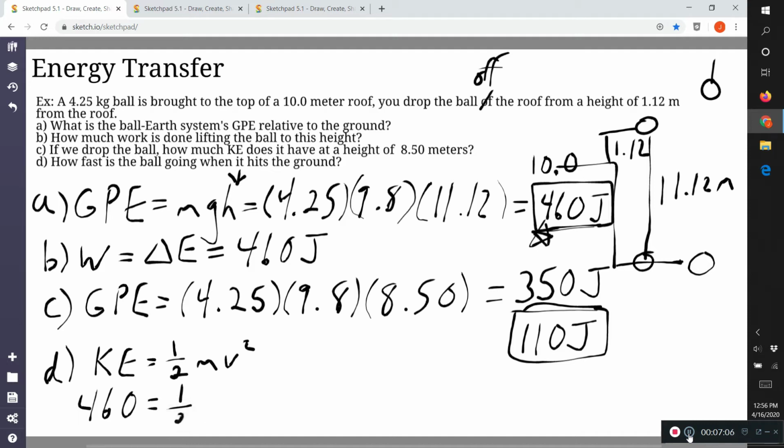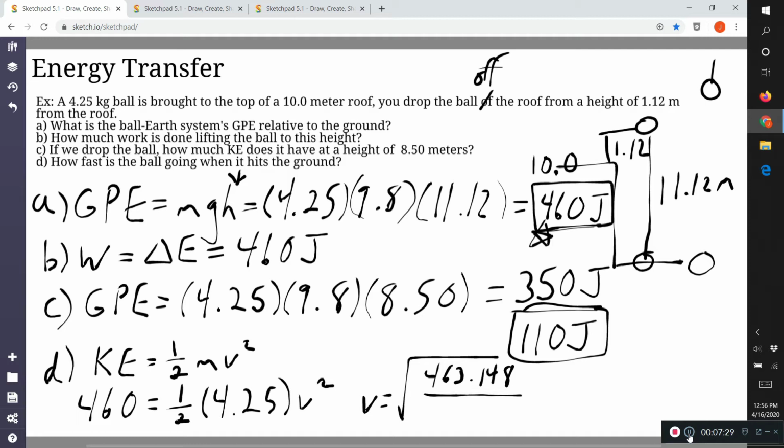So 1/2, the mass is 4.25 v squared. So if we solve for v, we would get v equals the square root of 460. I'm going to use the unrounded version of that, however, the 463.148 as to not lose accuracy, divided by 1/2 times 4.25.